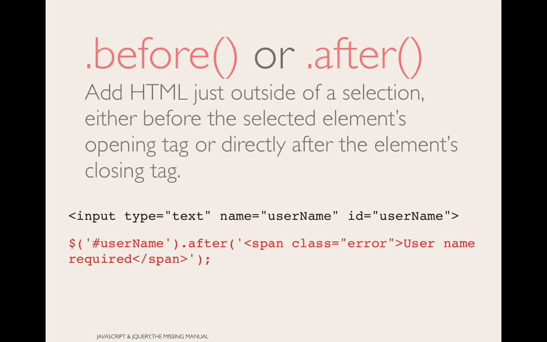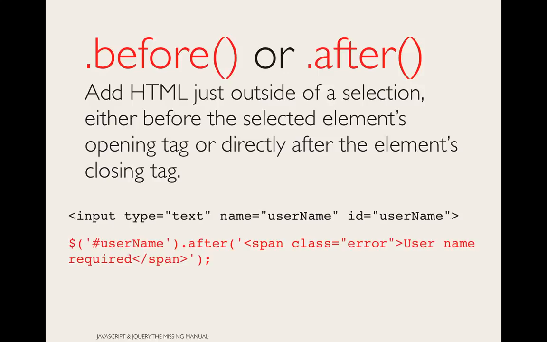So let's look at that real quick. We might say add some HTML just outside of a selection. Say we have an input. An input is part of a form, and the type is text, so it's just a text box.